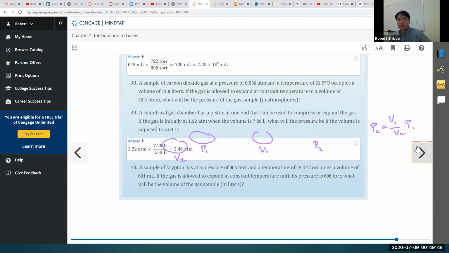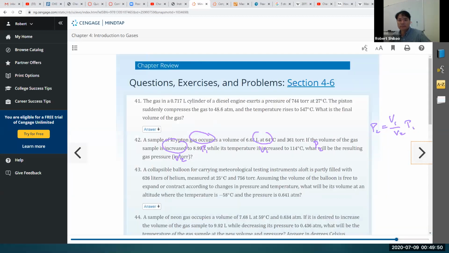Let's see some other problems here. So this is a series of combined problems here. Let's take a look at 41 here. 7.717 liters. So we'll just call that V1. Exerts 744 torr. So we'll call that P1.